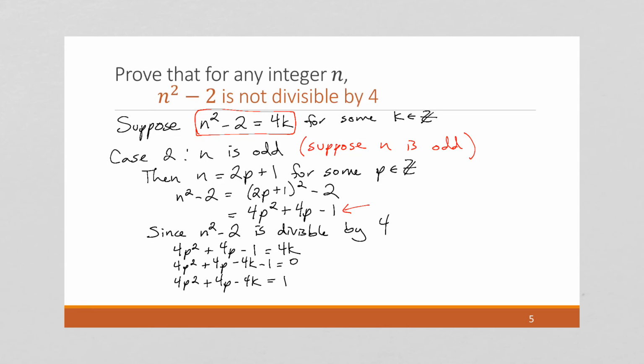All right, and again, I get here just by fiddling with it. Now what can I do? I can pull a 4 out. And once again, I can divide both sides by 4.